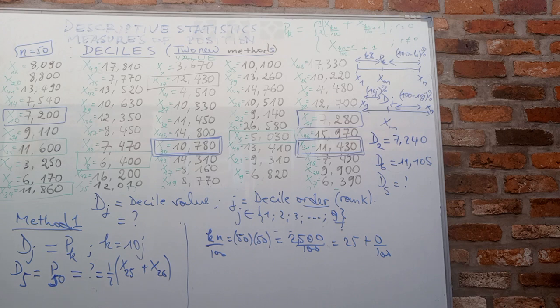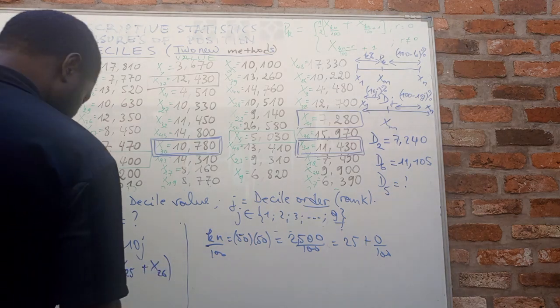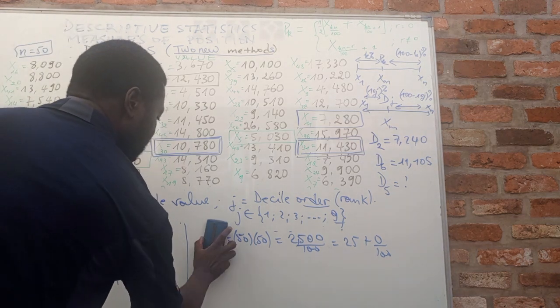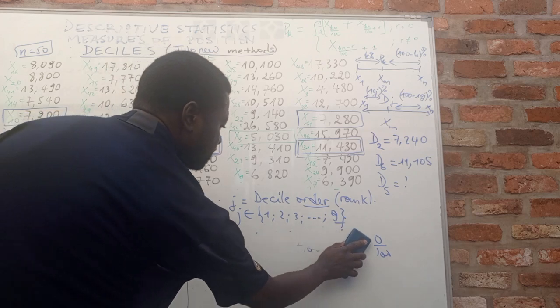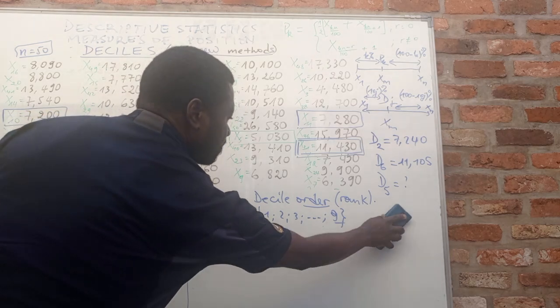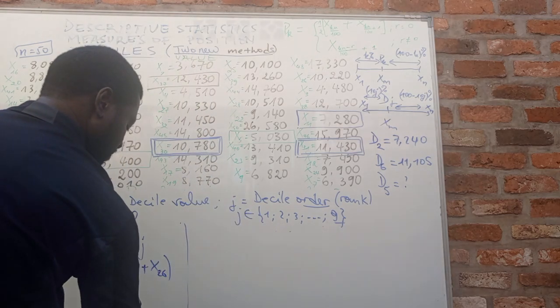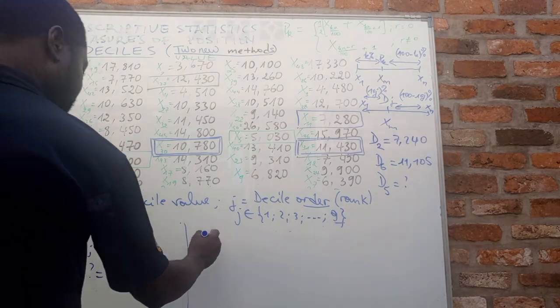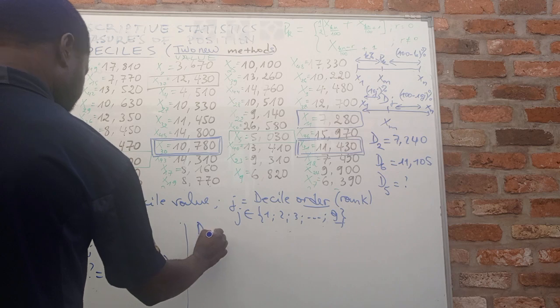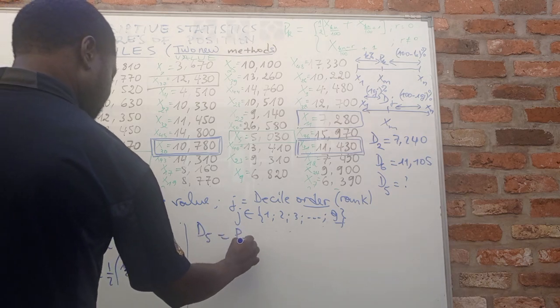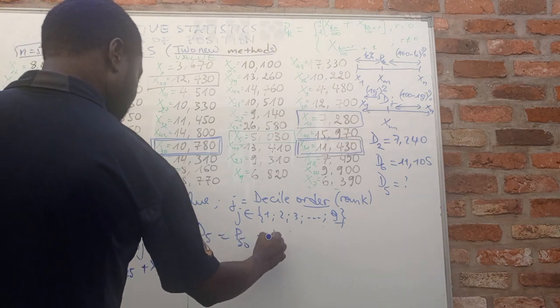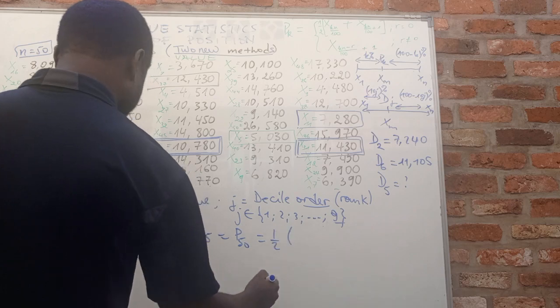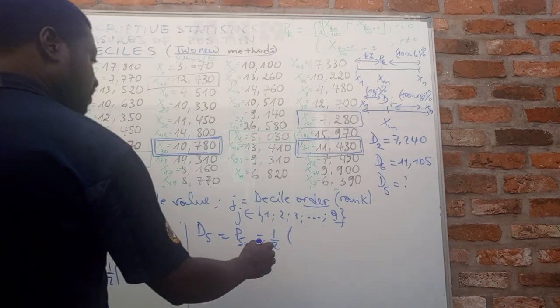Okay, so now what do we have here? So here we're gonna have D5, which is P50, is gonna be equal to half of x25.